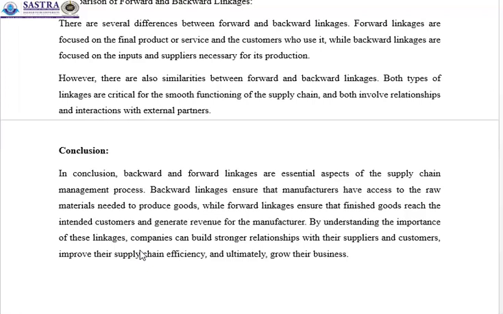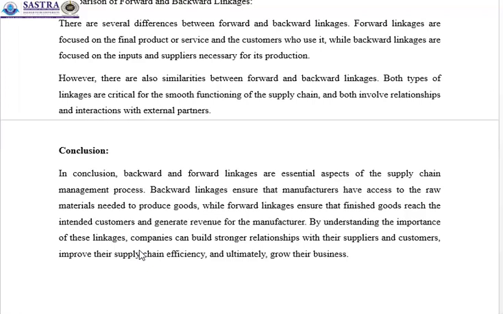Backward linkages ensure that the manufacturer has proper access to the raw materials needed to produce their goods without stopping production at all, at a cheaper cost, with proper timing. The forward linkages ensure that finished goods reach the intended customers and generate revenue for the manufacturers, and they will anticipate the demand of the consumers and supply it as quickly as possible.